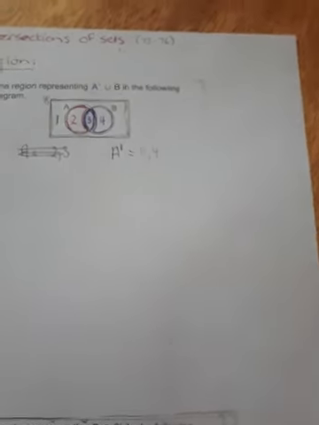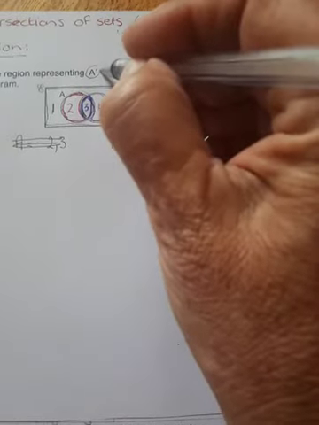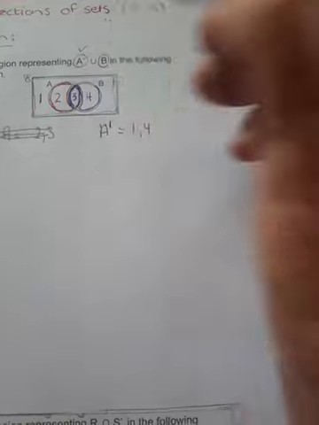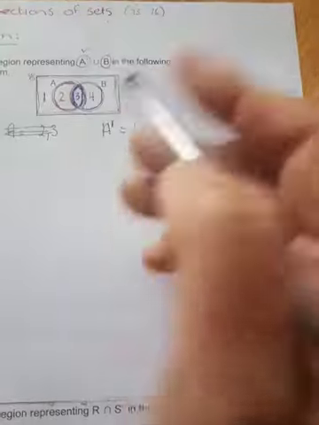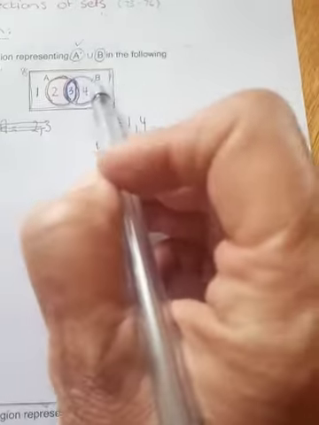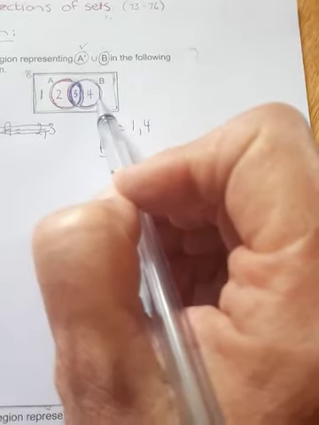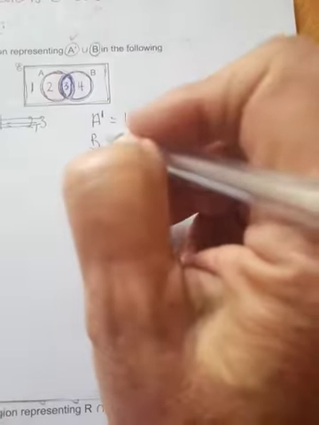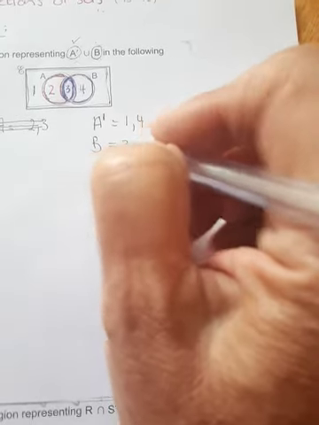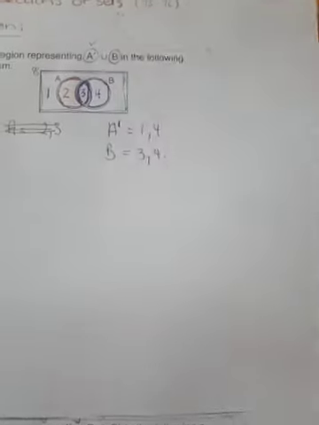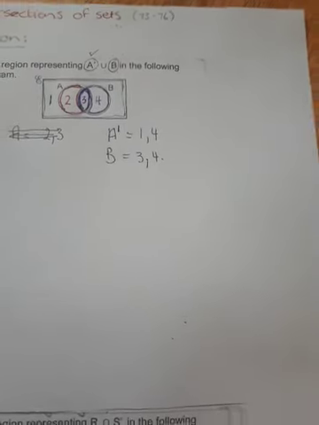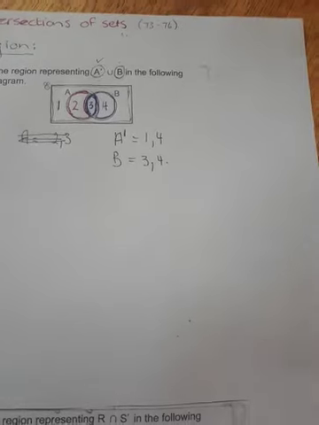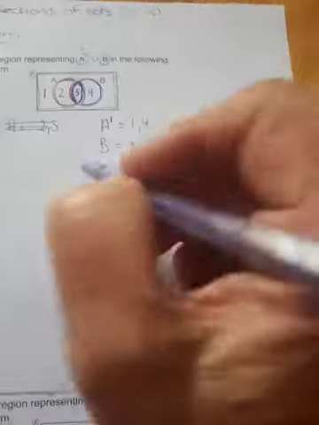Then the second one, so we have done A complement. Now we go to the second one. Let's do B. If you look at B, B is this circle. So that is region 3 and region 4. And thereafter, only now, you write out your whole question.